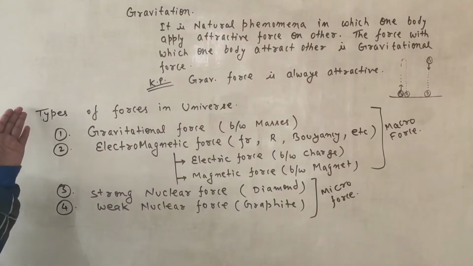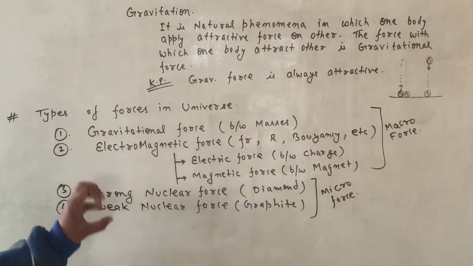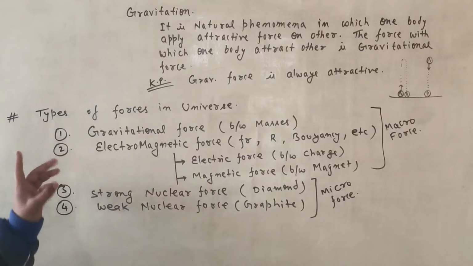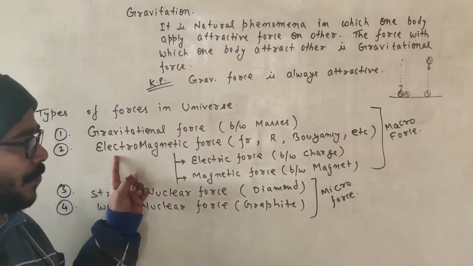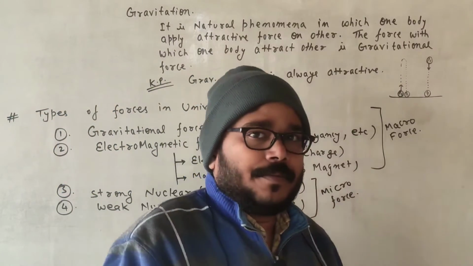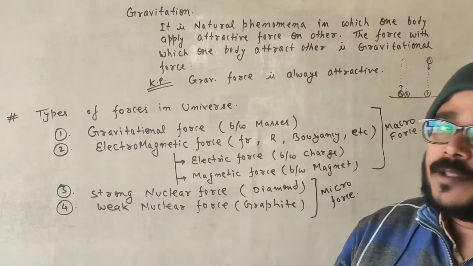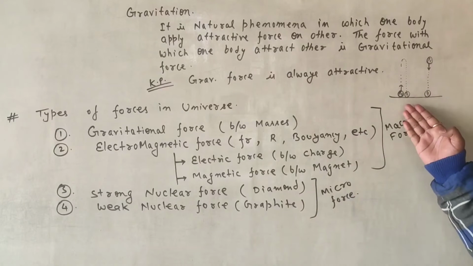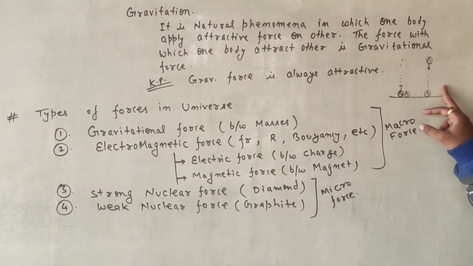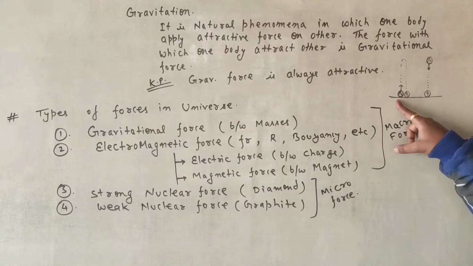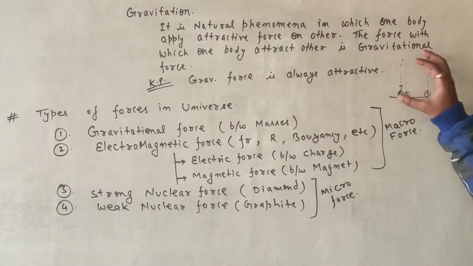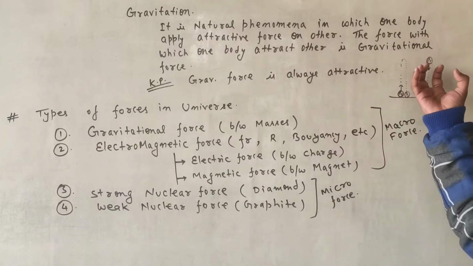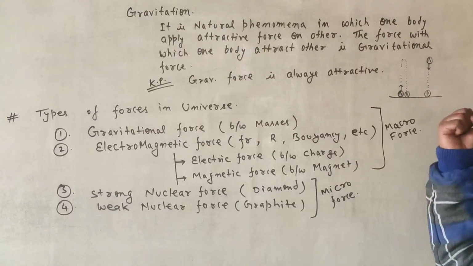Of all the four forces discussed, gravitational and electromagnetic force we can feel, we can experience. For example, in the case of throwing the ball or dropping the ball, we can feel that there is a force acting in the downward direction.